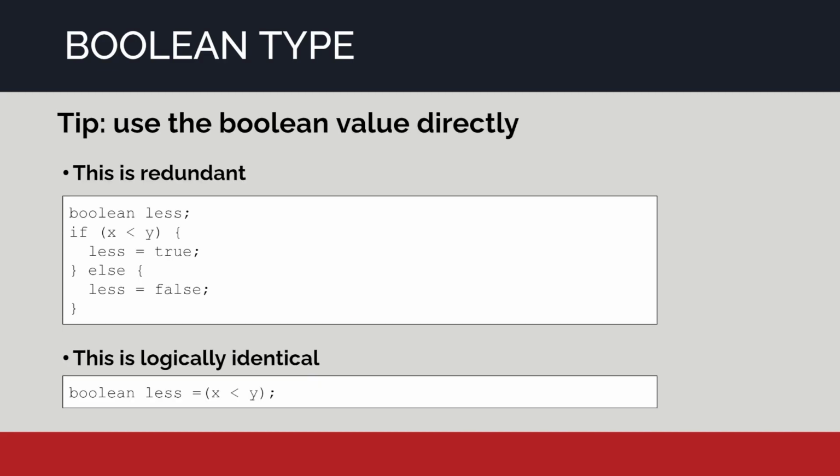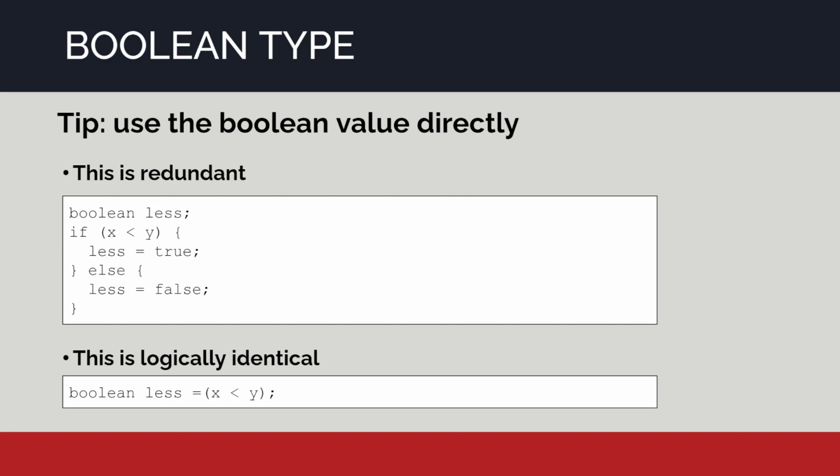And because of this, sometimes, especially if you're inexperienced, you can wind up writing code like this. So we have a Boolean value and we want to initialize it, or we want to set it to the result of whether or not some number x is less than some number y. And if you look at this code, it's correct.